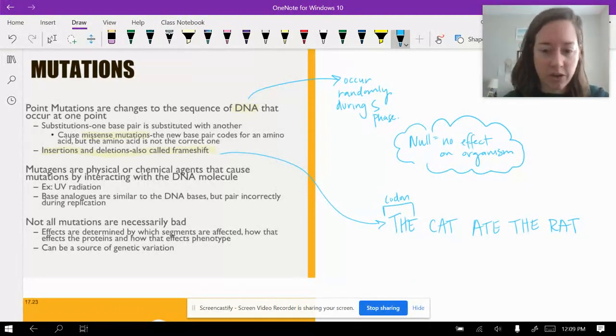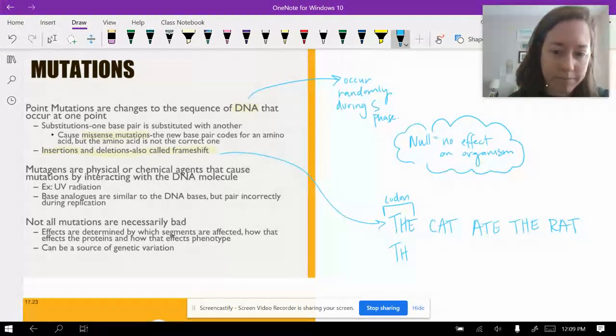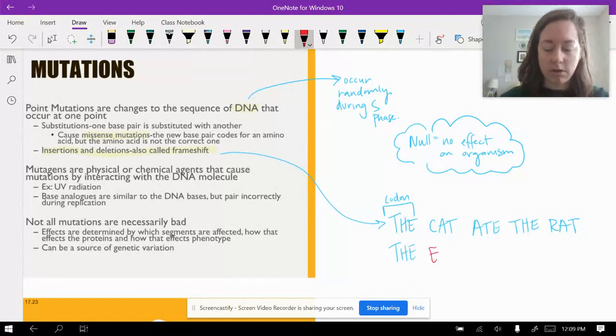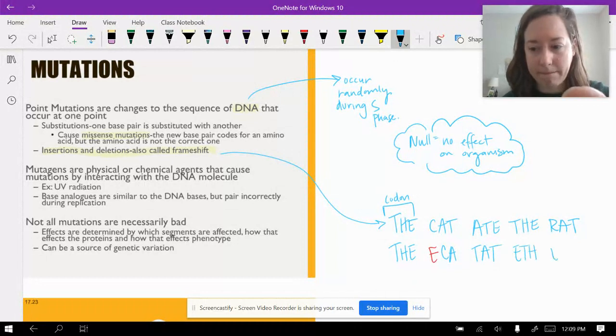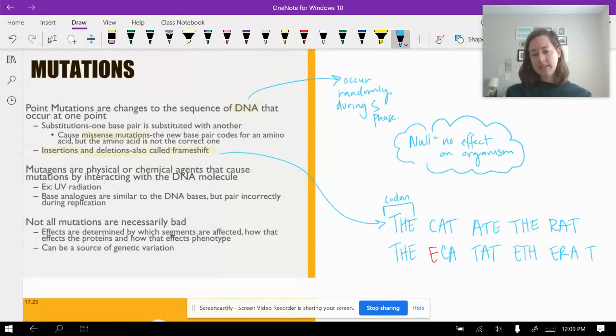We're going to insert another E here. Now, because things have to be read in groups of 3, it's going to continue to be read in groups of 3. So you can see here that this makes literally no sense at all.